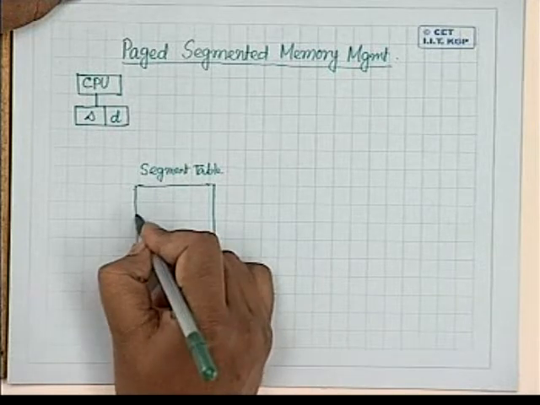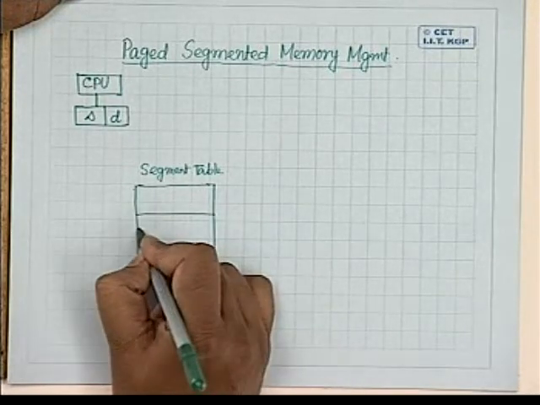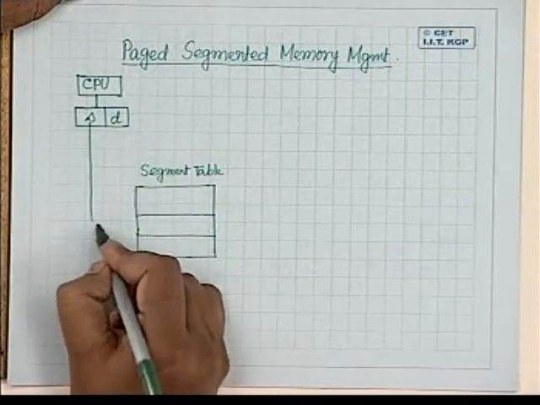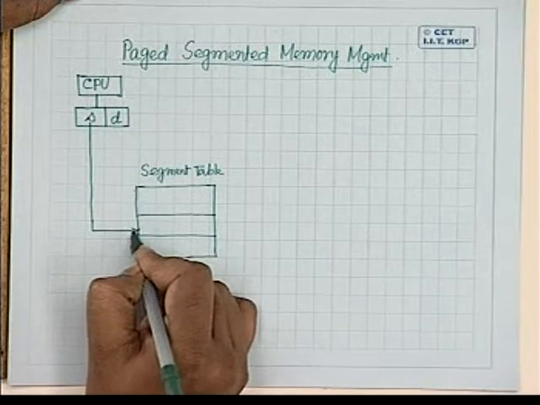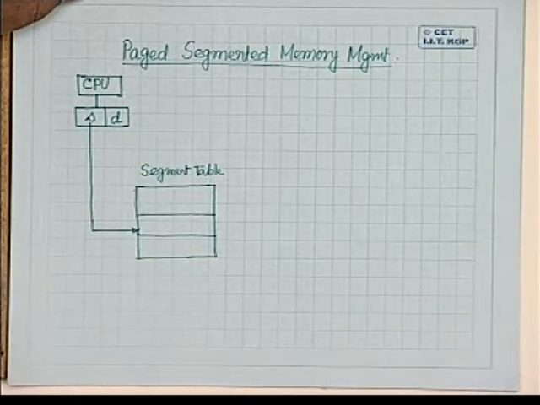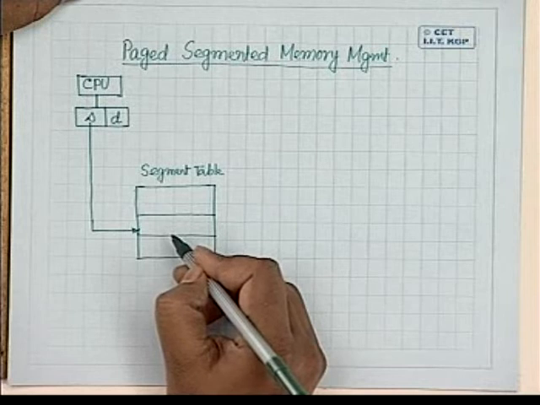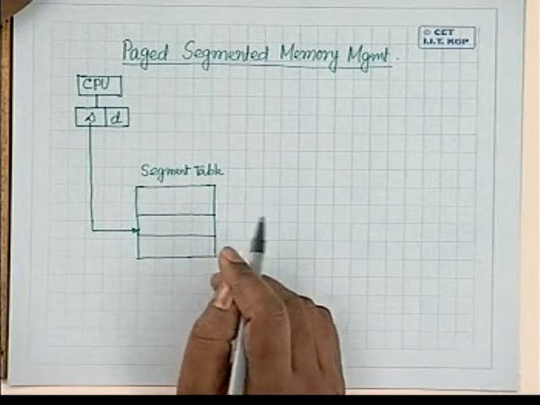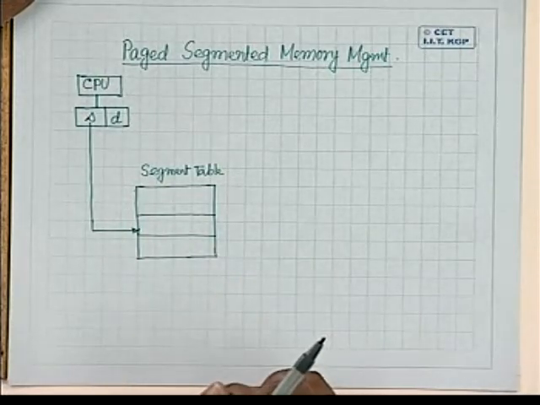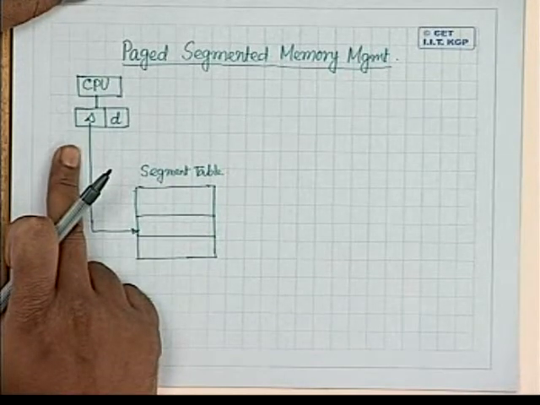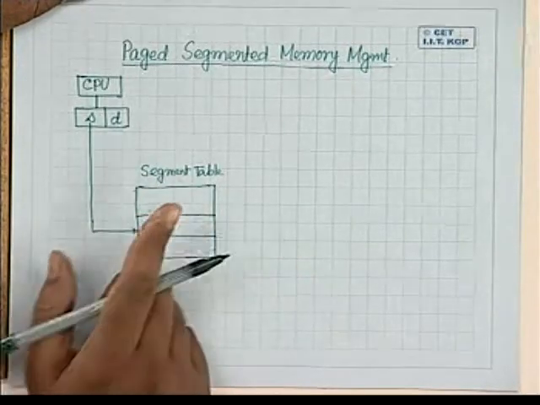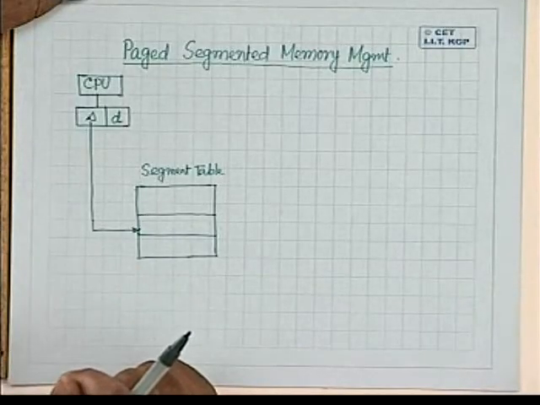The segment table, as before, will contain two entries. Using the segment number, I go to an entry in the segment table. In the earlier case, the segment table contained the limit of the segment, that is the length of the segment, and the base address where the segment is loaded. Now, every segment is divided into a number of pages. That means before I go to the physical address, I also have to know which page within that segment is being accessed.